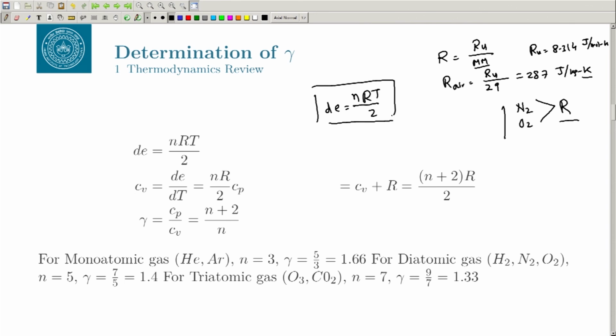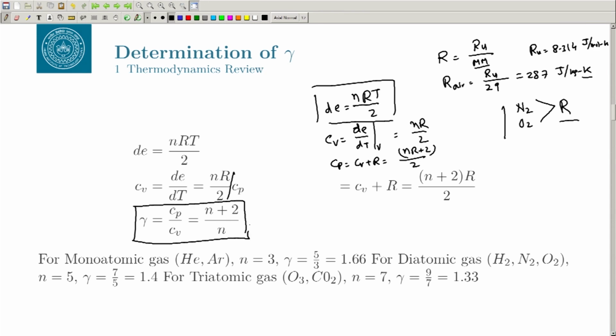If you use the relation Cv equal to de by dT at constant volume, that becomes nR by 2, and if you use Cp equal to Cv plus R, that becomes (n plus 2)R by 2. Then if you take the ratio of Cp by Cv, you will get the expression n plus 2 by n, where n is the degrees of freedom.